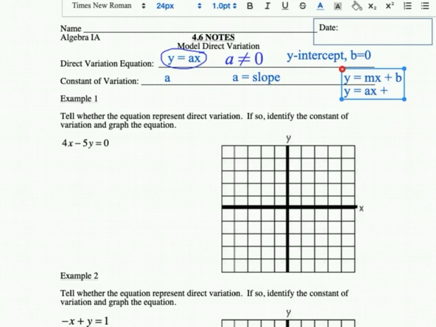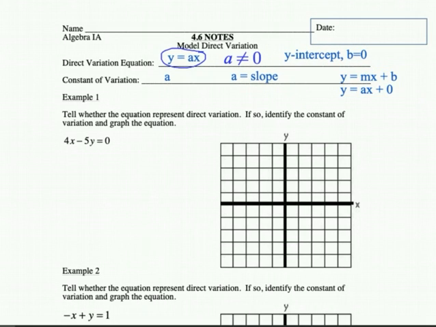And in this case, b will always be 0. So we don't even really need to add the plus 0. We can just put y equals ax. If you want to put plus 0 there, you can, but it's the same thing. So b is going to be 0 for every direct variation equation.